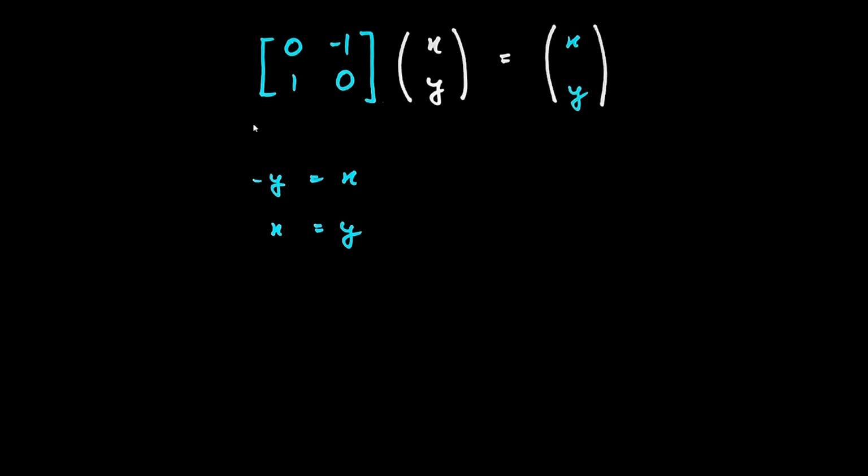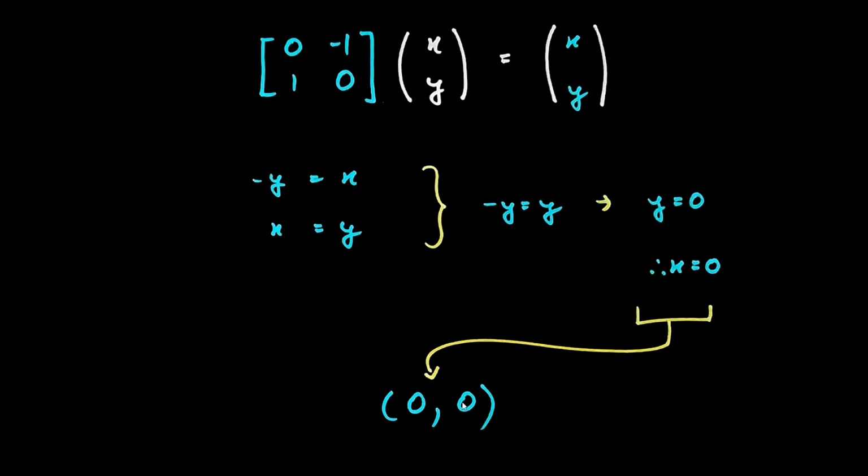You can also find a point and one single invariant line. So when you get two inconsistent equations using this method, what you have to do is substitute these equations and solve. After substituting, we get minus y equals y, which gives us y equals 0, and therefore x equals 0. So we get the coordinate (0, 0) as the invariant system for this matrix.